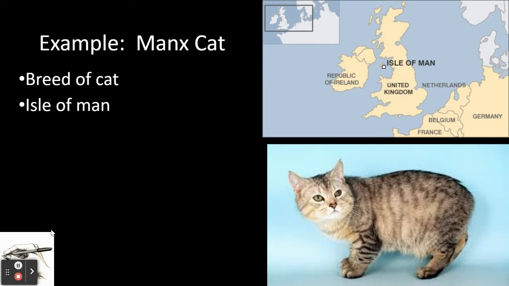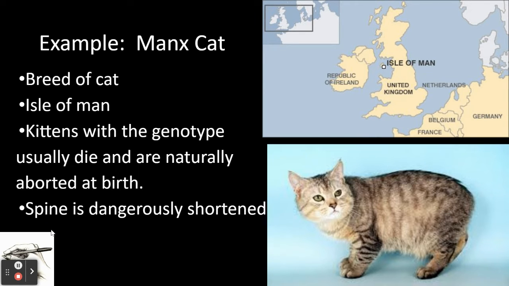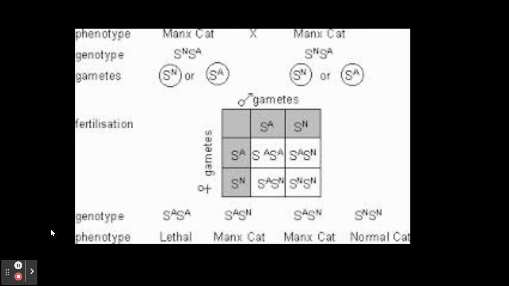The severity of the spinal deformation was just way too much. So they usually died or were naturally aborted at birth. The outcome, again, is a 2-to-1 because of that. So you could have two Manx cats to every normal cat that has been generated due to that new mutated lethal allele.